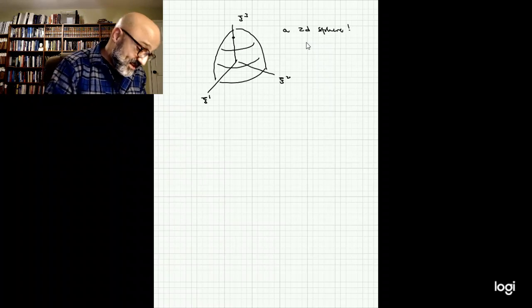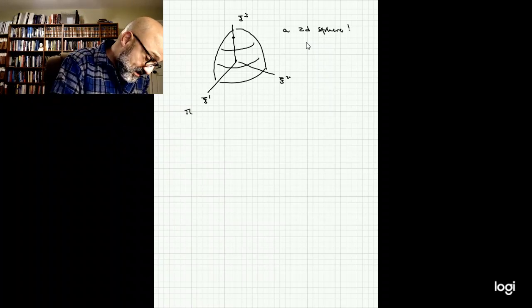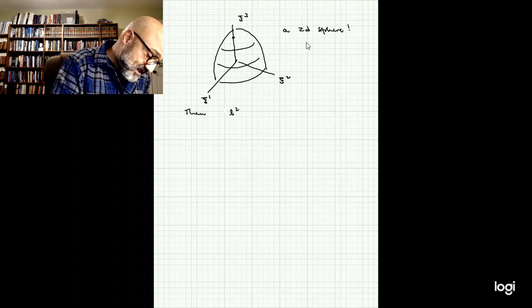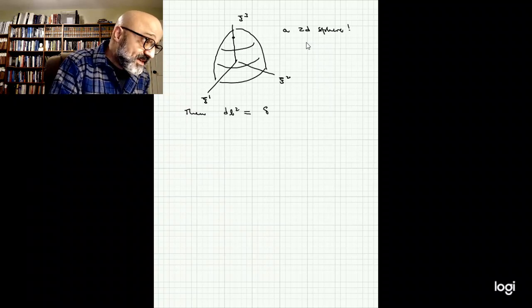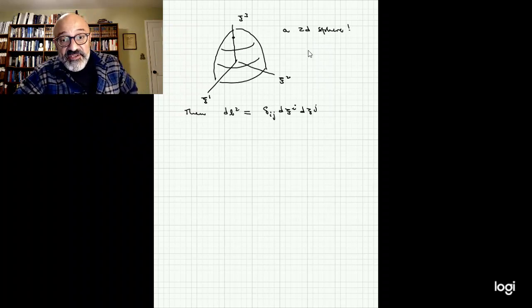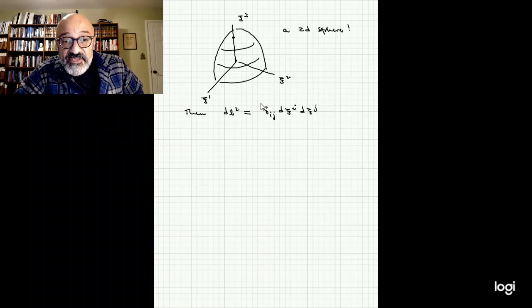So the idea then is going to be the distance, the metric tensor is going to be the δij of dξi dξj. It's just Pythagoras theorem. Please notice I have not proved this.